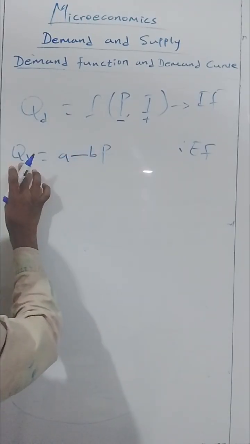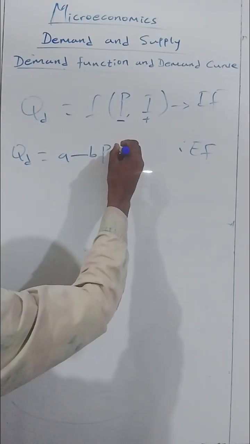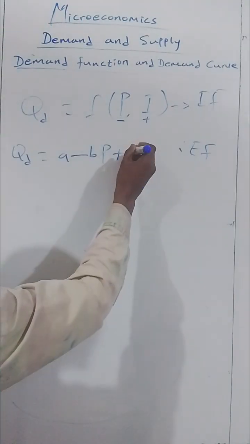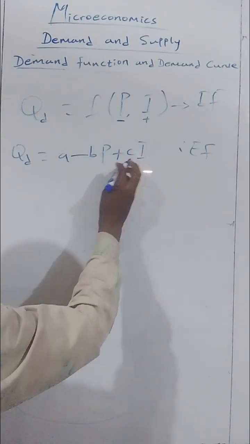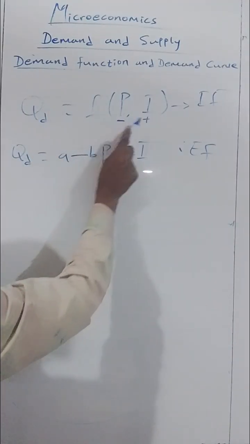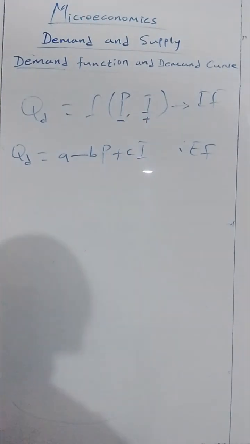Because there is a negative relation between the quantity demanded for a commodity and the price. Then it's going to be plus. I'm going to introduce another parameter, which I can say is C times I. Why did I say plus? Because the relation between the quantity demanded and income is positive.